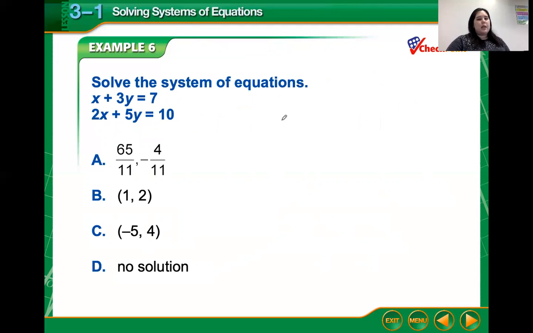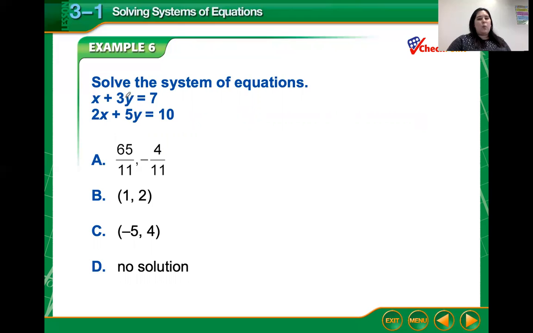So go ahead and take a look here at x plus 3y equals 7 and 2x plus 5y equals 10. All right, so in this one, we need to decide what we want to eliminate. I would eliminate x because that's going to mean I only need to multiply 1.